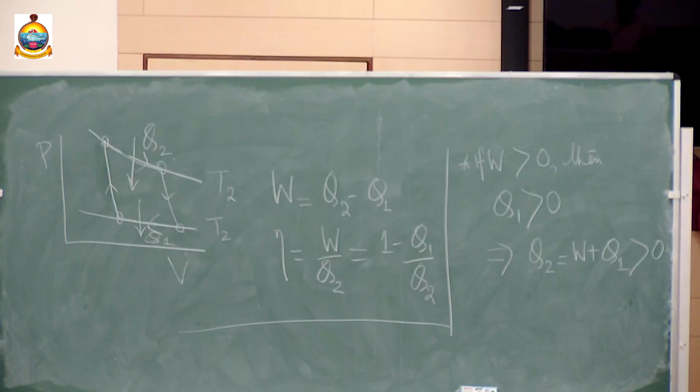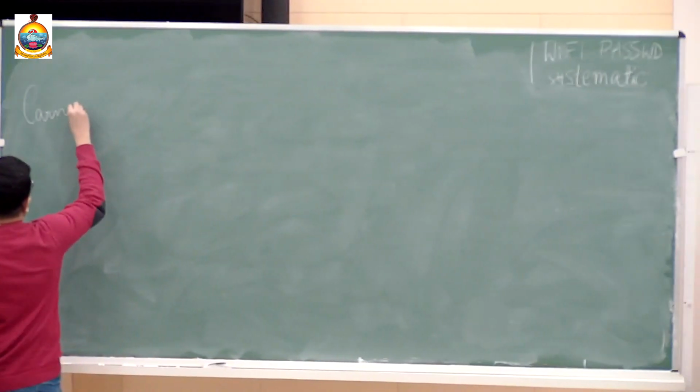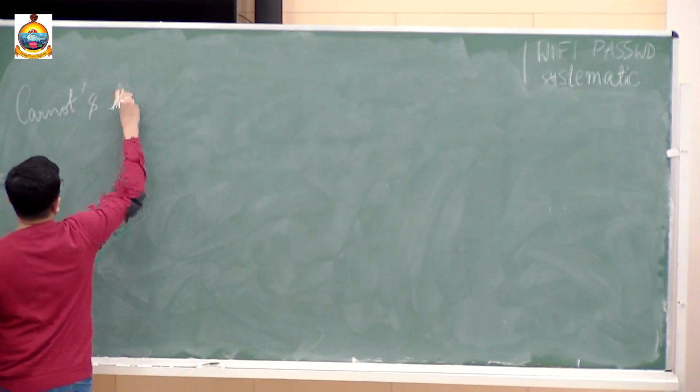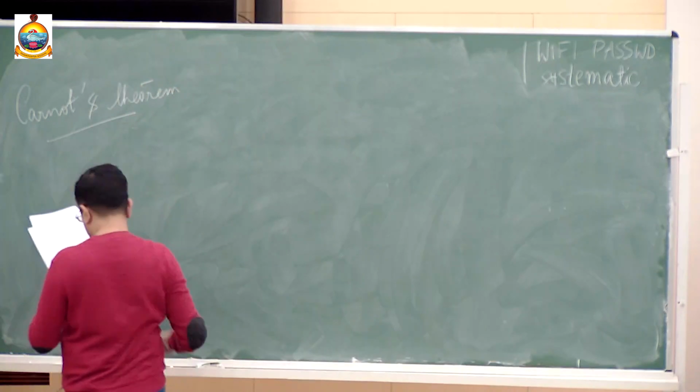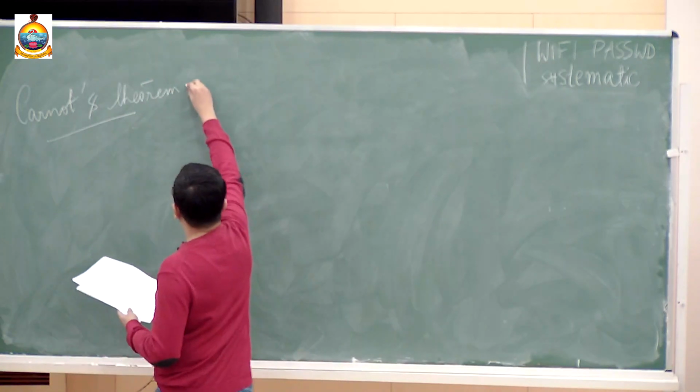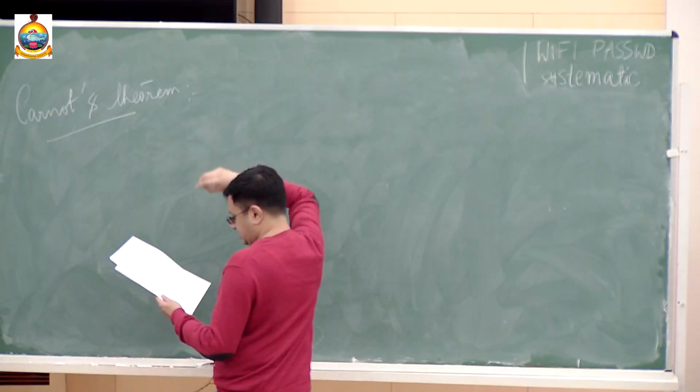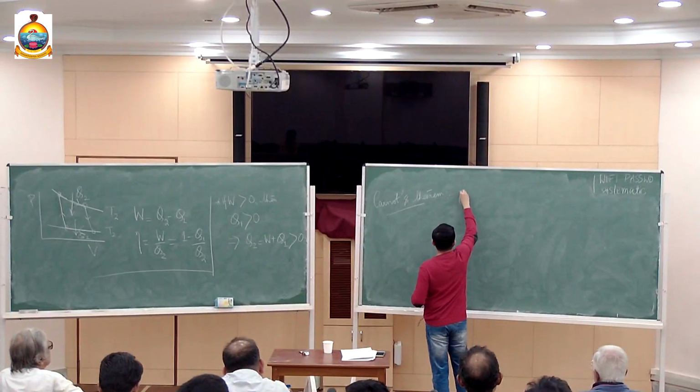And then there is Carnot's theorem, let me just write it down. If you want me to show how to prove it, I can do it, but I think it's a standard proof that's given in Fermi and any book on thermodynamics.